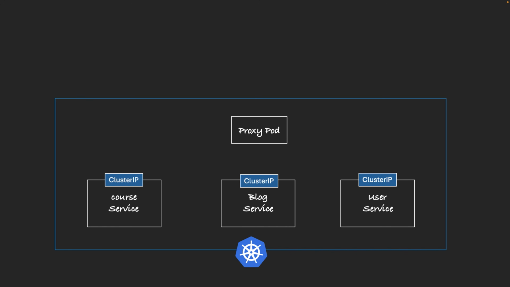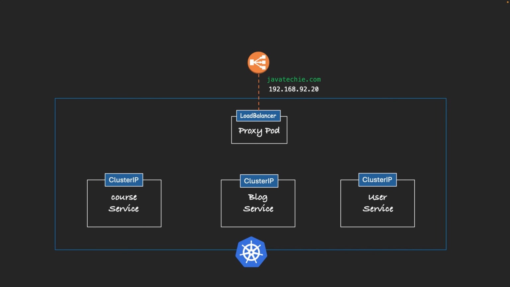So it means you need to expose this Proxy Pod outside the cluster. To allow access to this Proxy Pod from outside the Kubernetes cluster, I will expose it as a LoadBalancer service. This way my cloud provider will assign a static IP address, and then later I can map that to my DNS, that is javatechie.com.